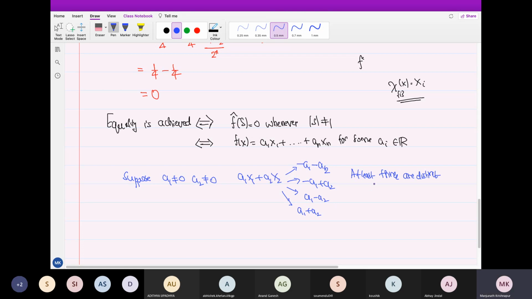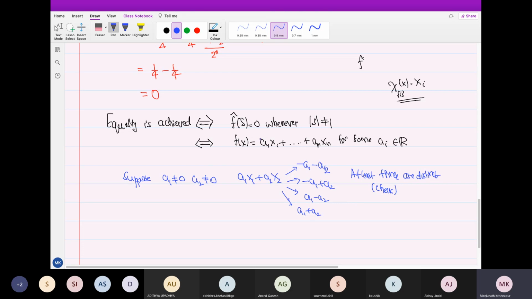So you just check. I will leave it to check. It's just a little case by case analysis. So it's possible if a1 plus a2 is 0, these two can be equal, but then these two will be unequal and different from those two, and so on. Or these two can be equal and these two different. So at least 3 are going to be distinct.